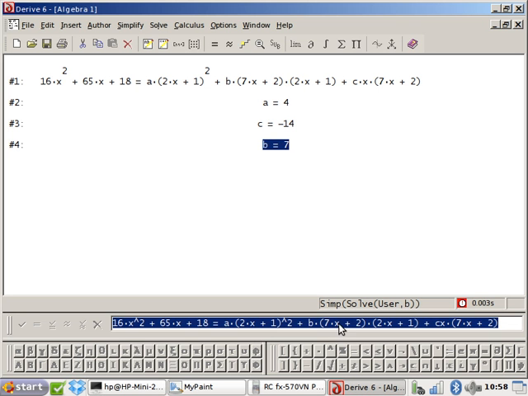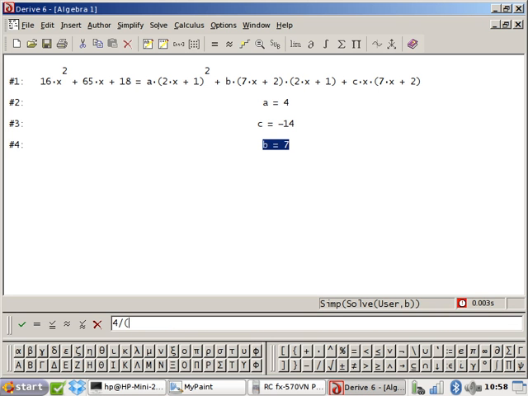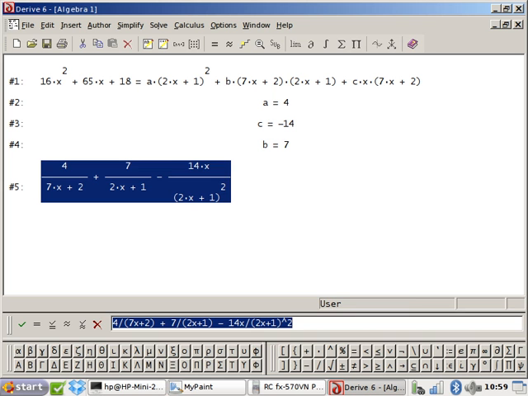4 over... What was my first factor, please? My first denominator, what was it? 7x plus 2. Okay, and my next one was 7 over 2x plus 1. And my last one is minus 14x over... Okay, now, this time.